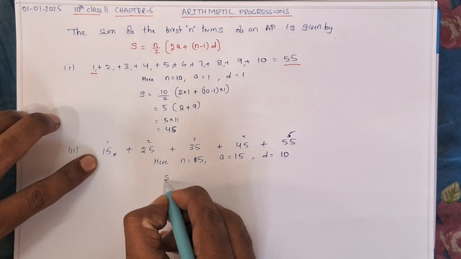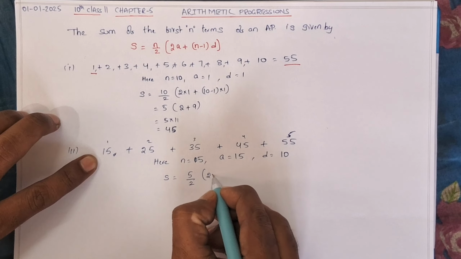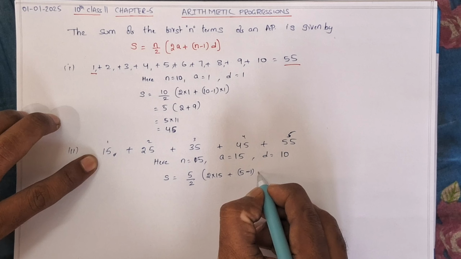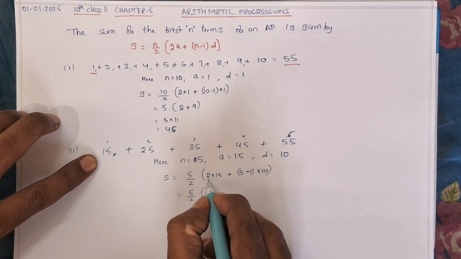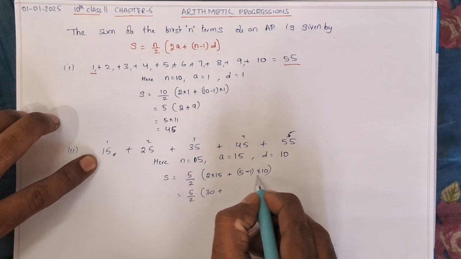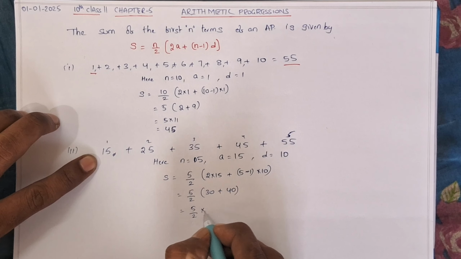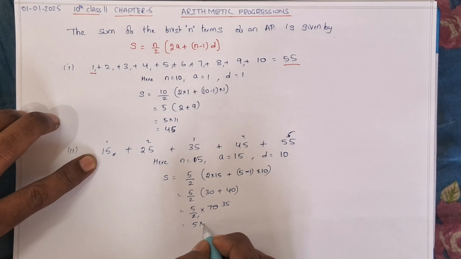So the sum of the first 5 terms is equal to, here n is 5 divided by 2, 2 into the first term 15, plus n is 5, 5 minus 1 into the difference D is 10. 5 by 2 into 30 plus 40, 5 by 2 into 70, 5 into 35 is equal to 175.